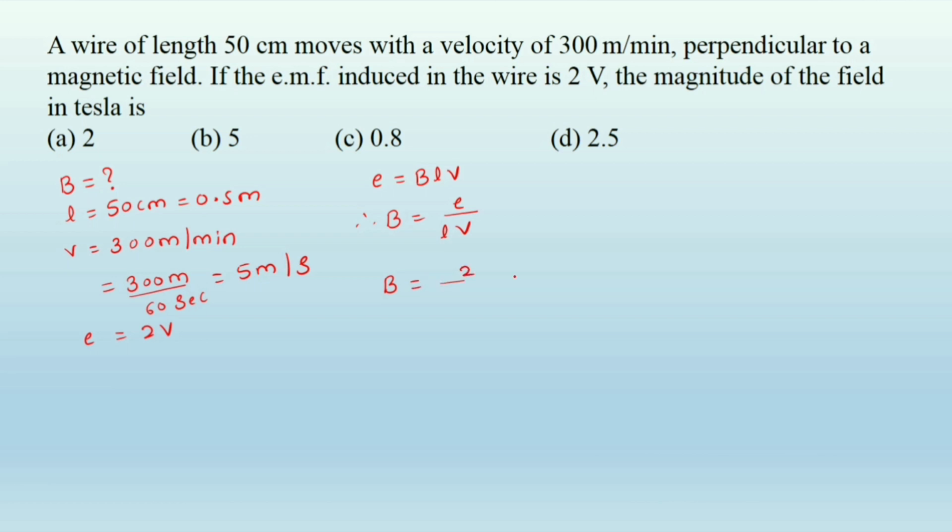Induced EMF is 2 volt and length of the wire is 50 centimeter or 0.5 meter into velocity 5 meter per second. So we can get 0.8 Tesla. So magnetic field in the wire is 0.8 Tesla, that is option C.